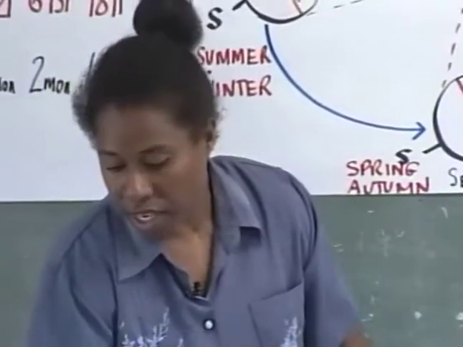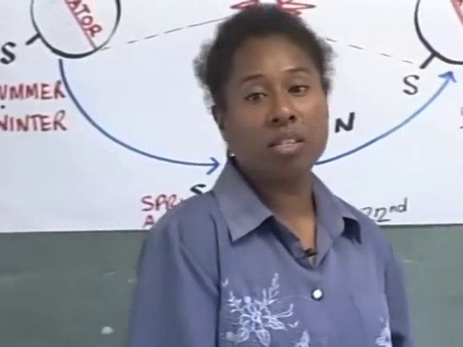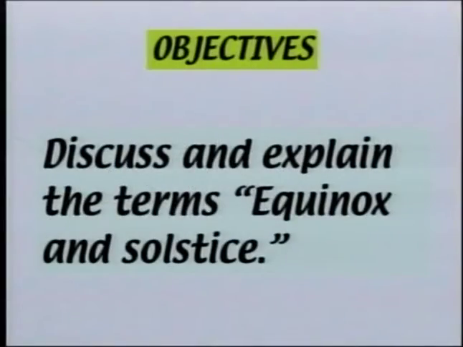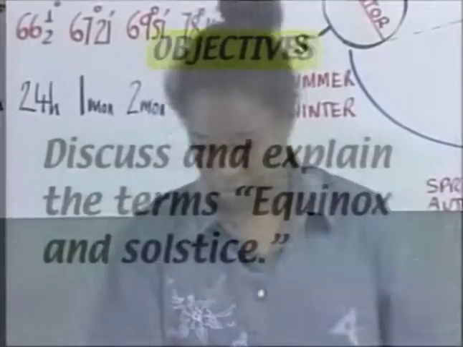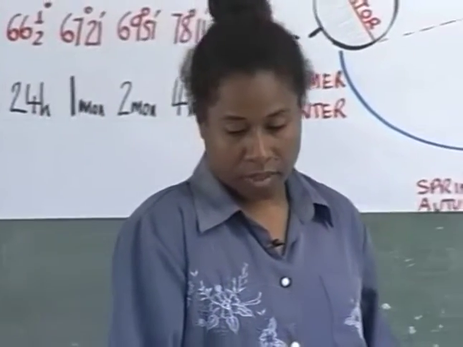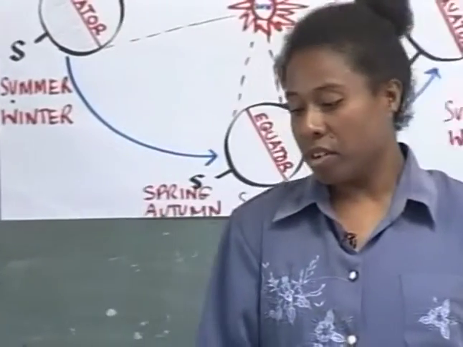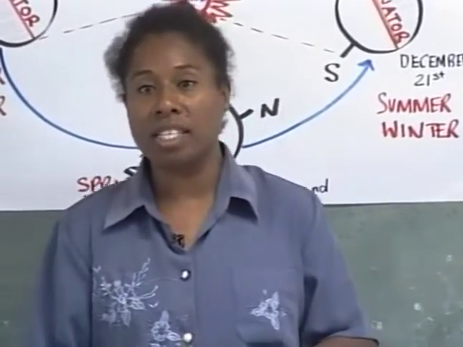As I've stated at the beginning, the objective for our lesson today is to see if we can discuss and explain the two terms associated with the apparent movement of the sun or the revolution of the earth around the sun. And the two words are equinox and solstices. So by the end of the lesson, you should be able to define and know the definition to those two words. Okay, we're looking at the movement of the earth revolving around the sun.